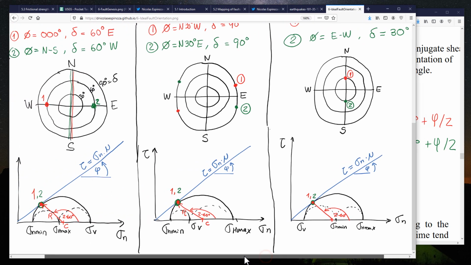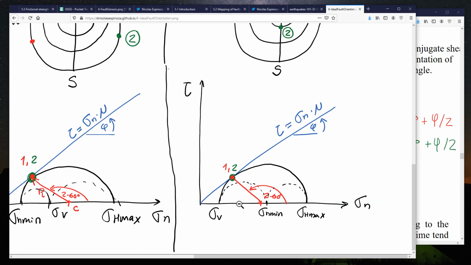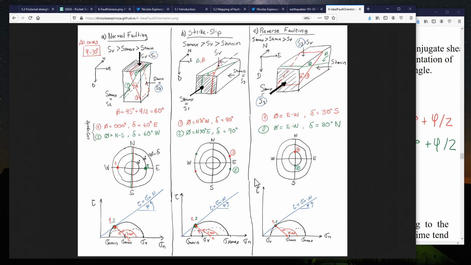But these 3 cases are just application of this case with stresses oriented in different directions, but they are all the same, and they just have different stress orientation, which results in different orientation of strike and dip. Okay, so this is how we explain the formation of a brand new fault, and how we can explain its dip and its strike.